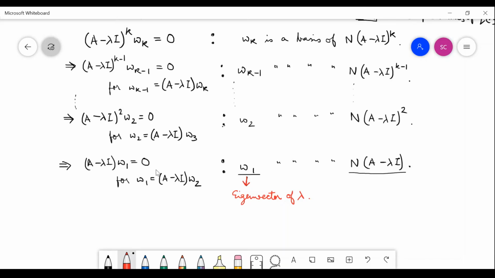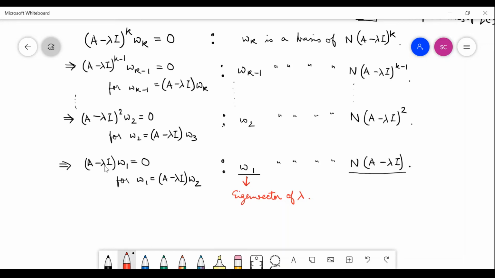I would do this operation and whatever vector I get, that is the eigenvector of lambda. I would get only one eigenvector or maybe two, depending on the geometric multiplicity. Consider the geometric multiplicity to be 1, then I would only get one eigenvector and nothing else.